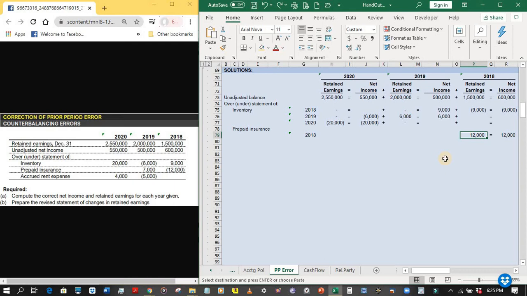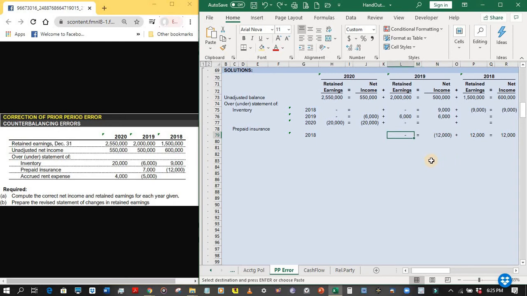So that is why if the net income in 2019 is overstated by 12,000 pesos, in order to correct the overstatement, we need to deduct a 12,000 pesos adjustment. So that is why the retained earnings at the end of 2019 is already correct.